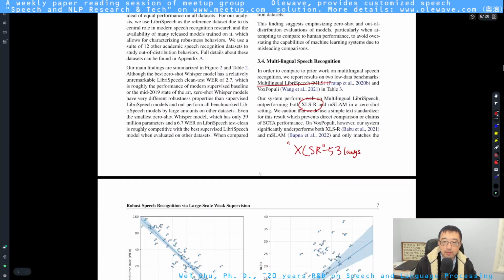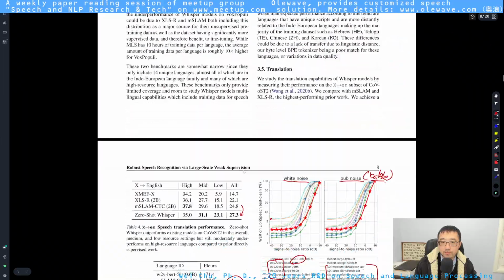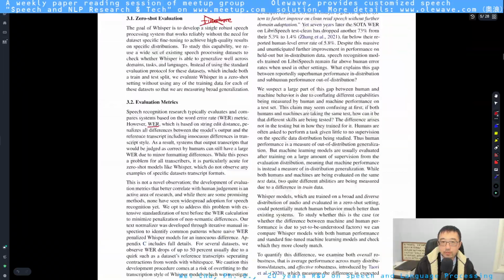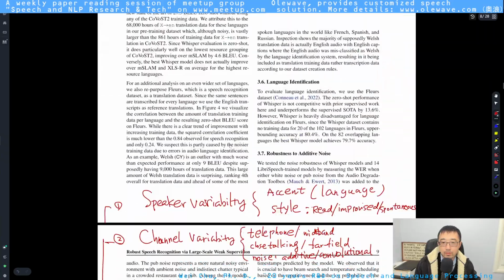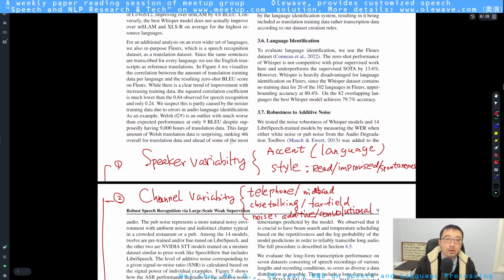Let's look at this. So in my personal opinion, and it's also acknowledged by most of the speech researchers, speech recognition is facing 3 problems that are hard to resolve.